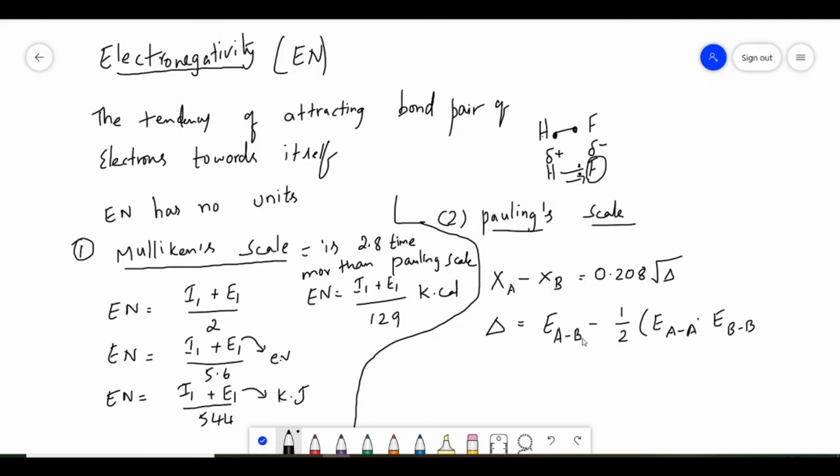Just a minute, it is not into, it is plus only. So by this we can calculate delta.